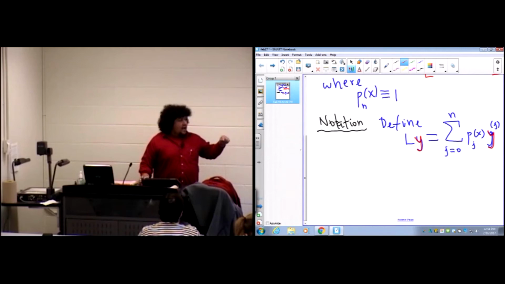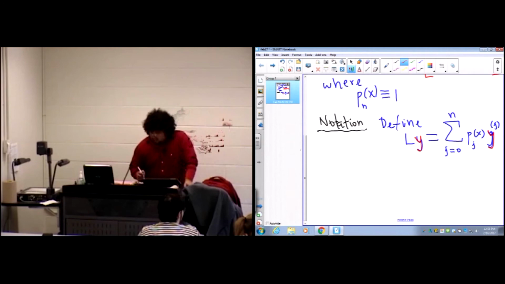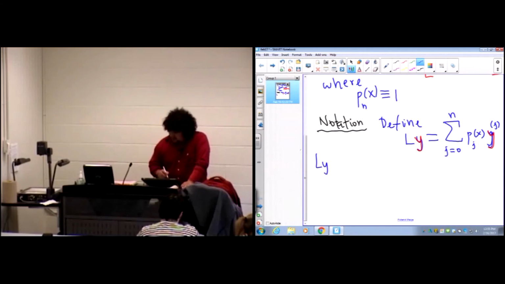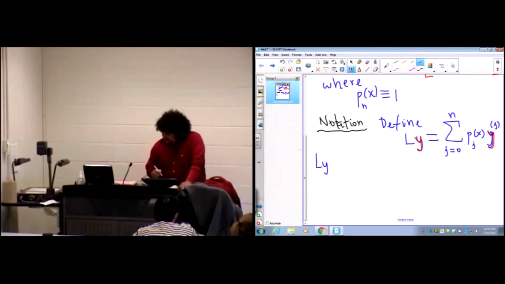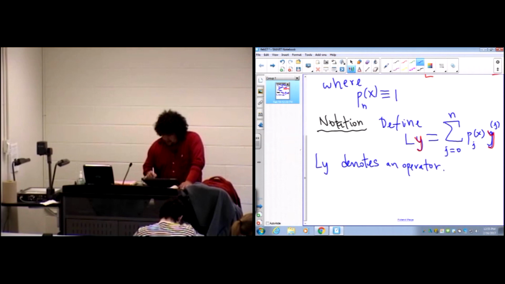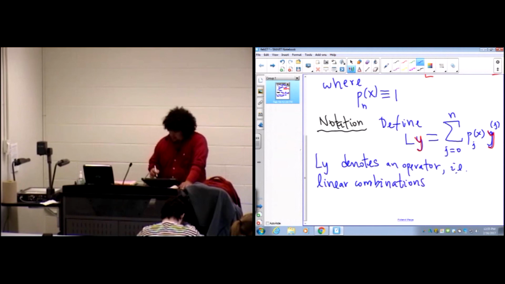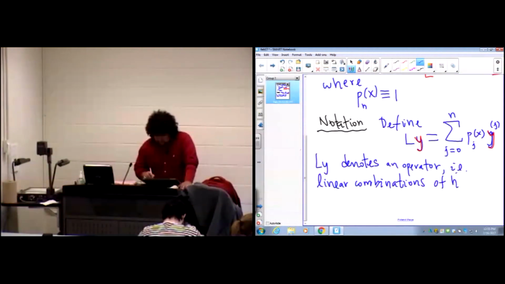So Ly denotes an operator, and in this case, that operator is the operator of linear combinations of higher order derivatives of y. That's what Ly denotes, okay?